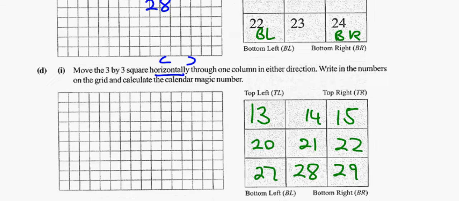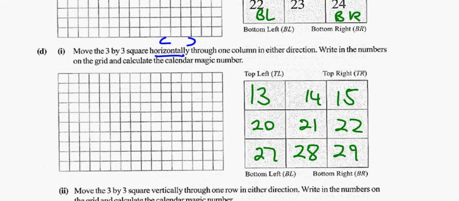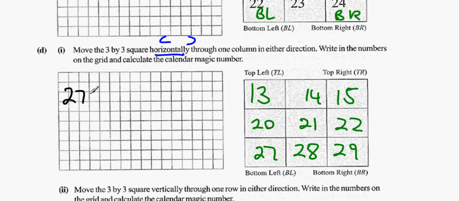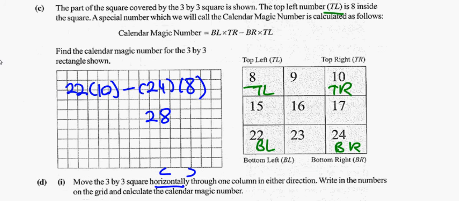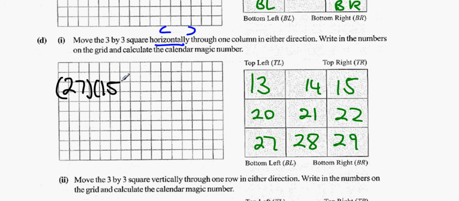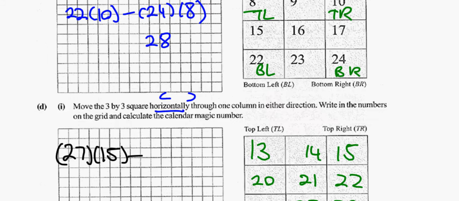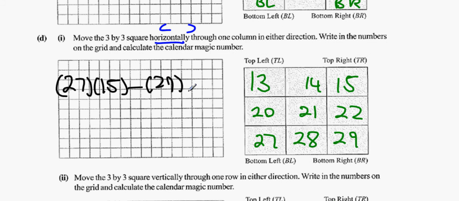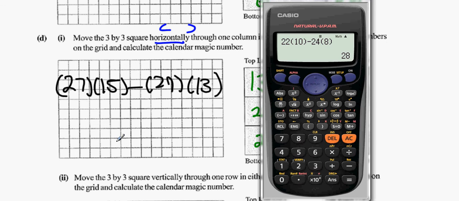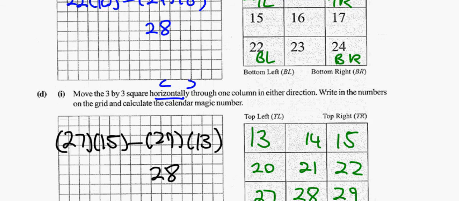So let's do our magic number again, which is bottom left, which is 27, multiplied by top right, which is 15, minus 29 times 13, bottom right by top left. So 27 times 15 minus 29 times 13 is also 28. So we can actually see that the number is 28 both times.